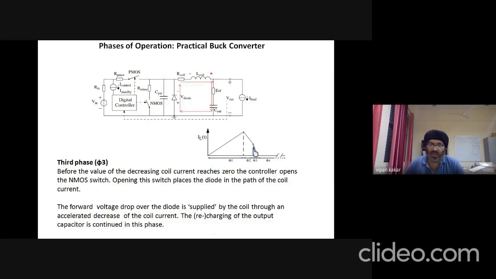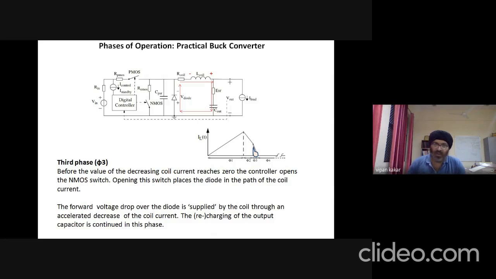And this controller has already decided that after de-energizing this amount of energy from the inductor, the NMOS has to be turned off. So after phase 2, the NMOS turns off. And when the NMOS turns off, phase 3 starts.